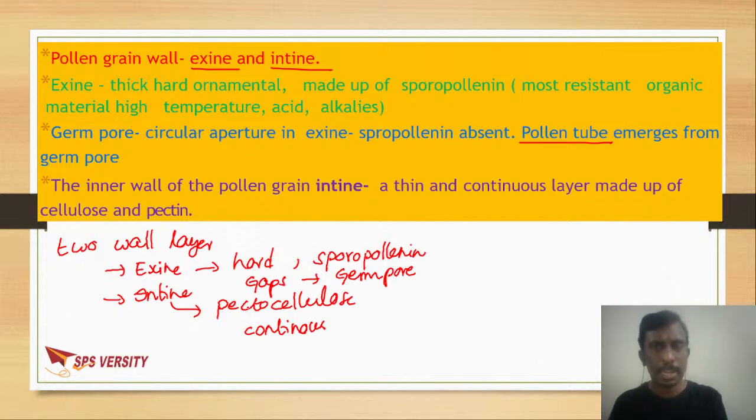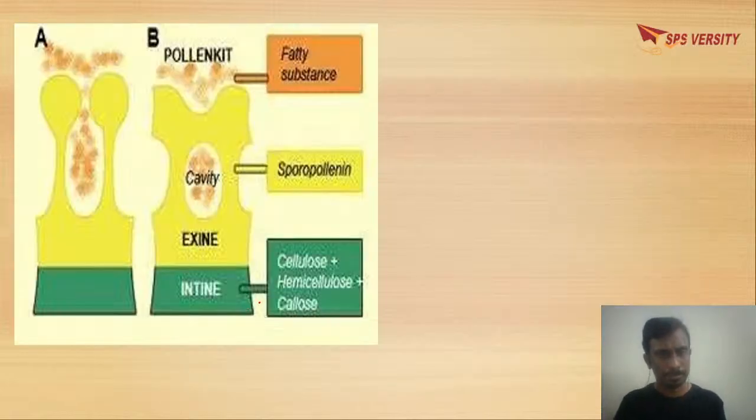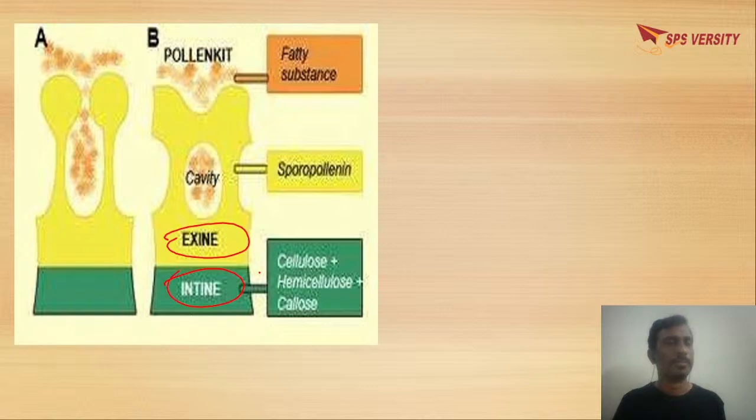Outermost is called exine and innermost is called intine. Here you can see this is exine, this is intine. And above this there is a layer called pollen kit, where the pollen grains are carried by insects, for attachment to insects.